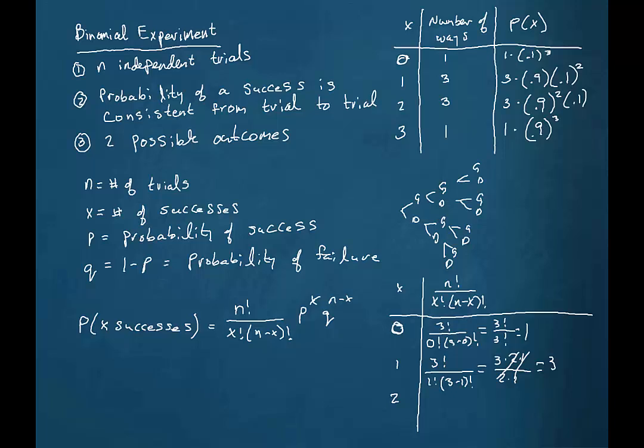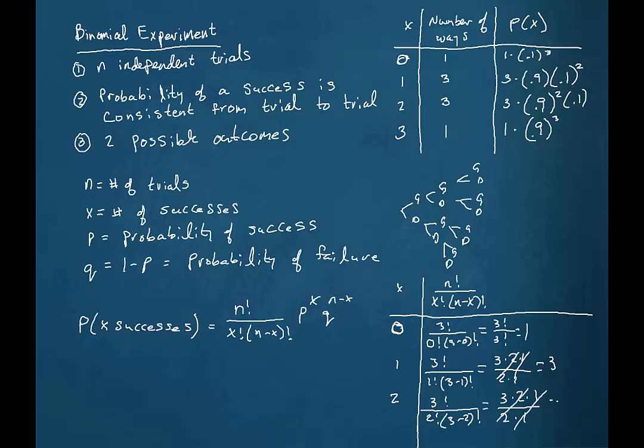If x is 2, then we have 3 factorial over 2 factorial times 3 minus 2 factorial, which turns out to be the same thing as the previous one, because we have 2 factorial on the bottom and then 3 minus 2 factorial, which is 1 factorial, which is just 1. So we have 3 times 2 times 1 over 2 times 1.